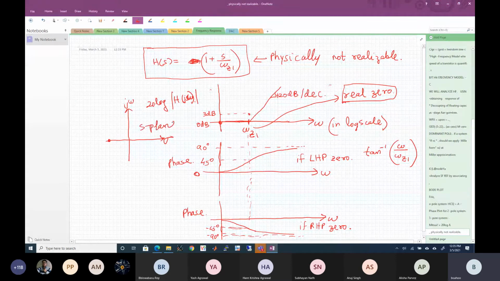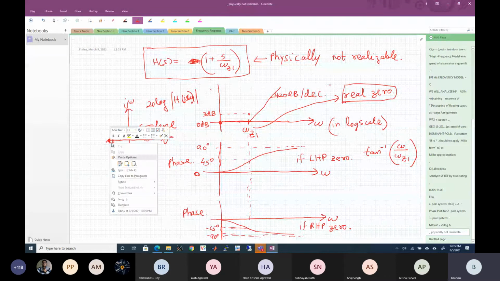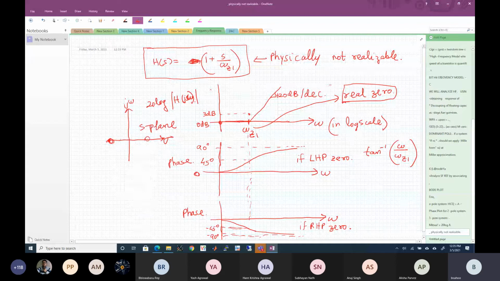If it is on the left half plane, that means omega z1 is positive. So a left half plane zero gives you a positive phase response, and a right half plane zero gives you a negative phase response. Does it make sense? Okay, everybody on the same page?